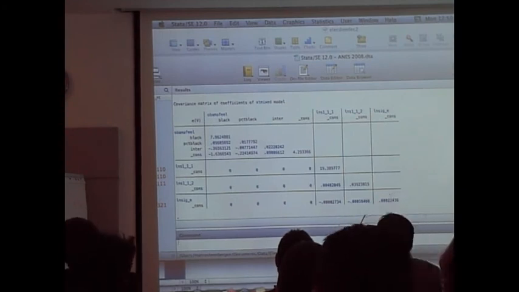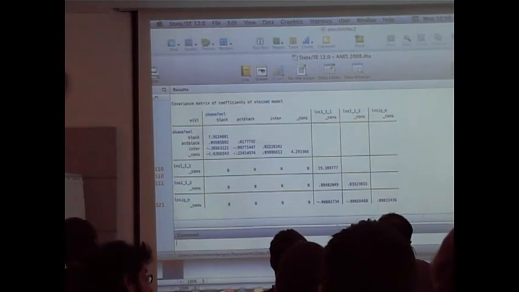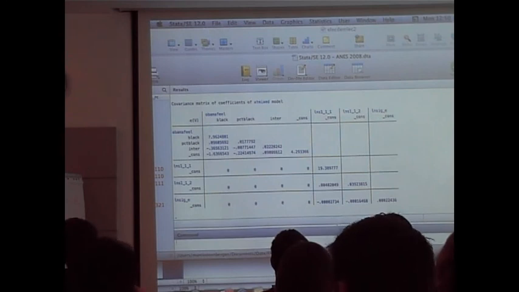If you're particularly interested in one value of the percentage of black and then want to find out what the simple slope is, you can do that in Stata with a so-called lincom command. Lincom stands for linear combination.